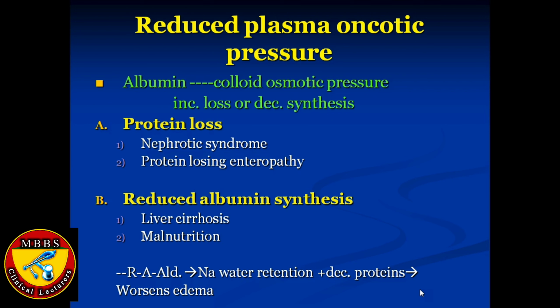And decreased synthesis of protein, especially albumin, takes place whenever there is liver cirrhosis or in cases of malnutrition. Both these situations will again lead to the activation of the renin-angiotensin-aldosterone axis with salt and water retention, and this salt and water retention with decreased proteins again worsens the edema.